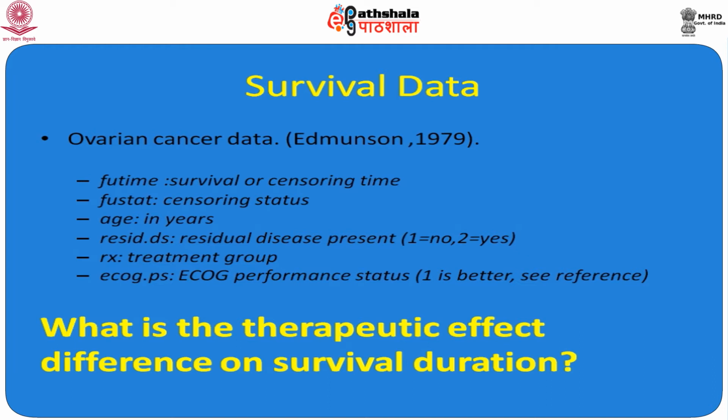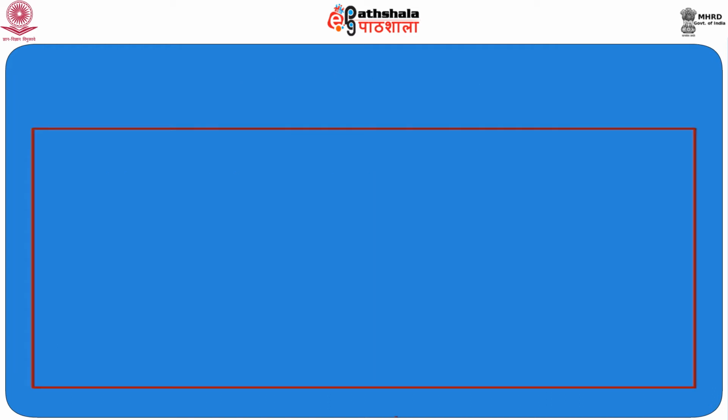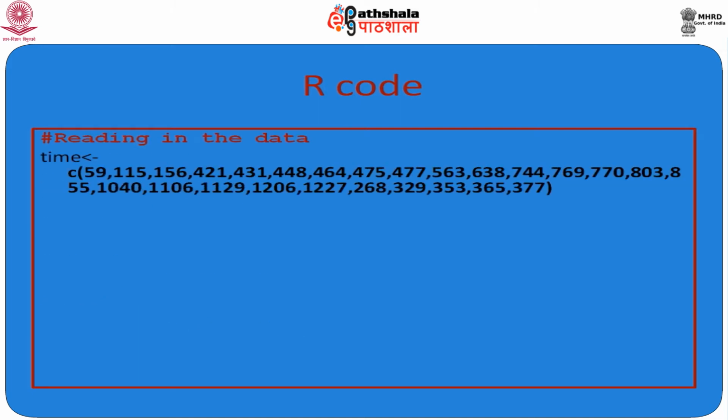Now we are going to read in the data. Here the time is taken as 59 days, 115, 156 days, 421 days, 431 days, 448 days, 464 days, 475 days. Like this, the follow-up duration of all patients is given in the time variable.